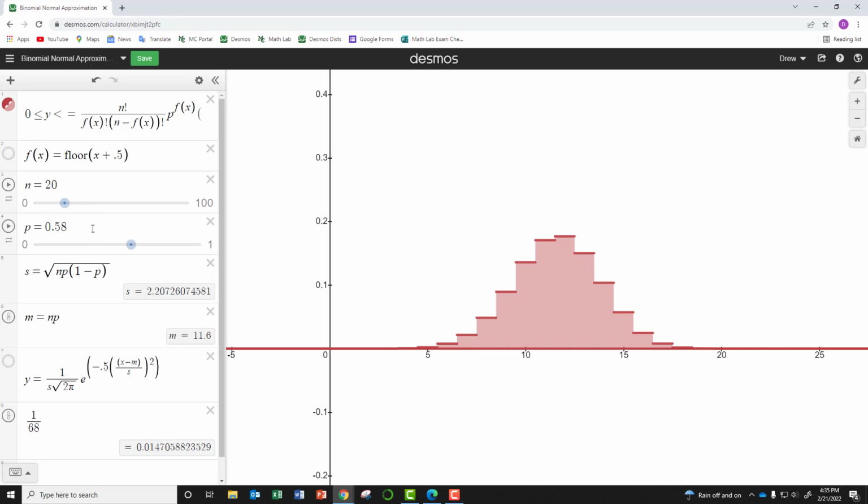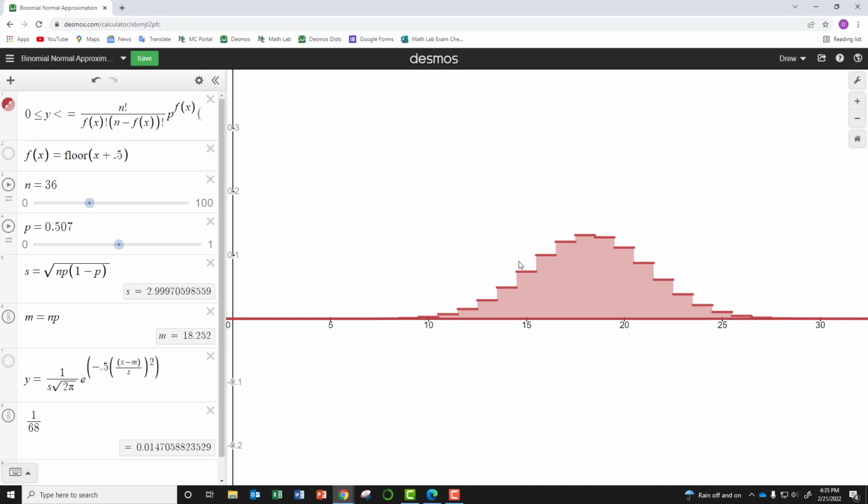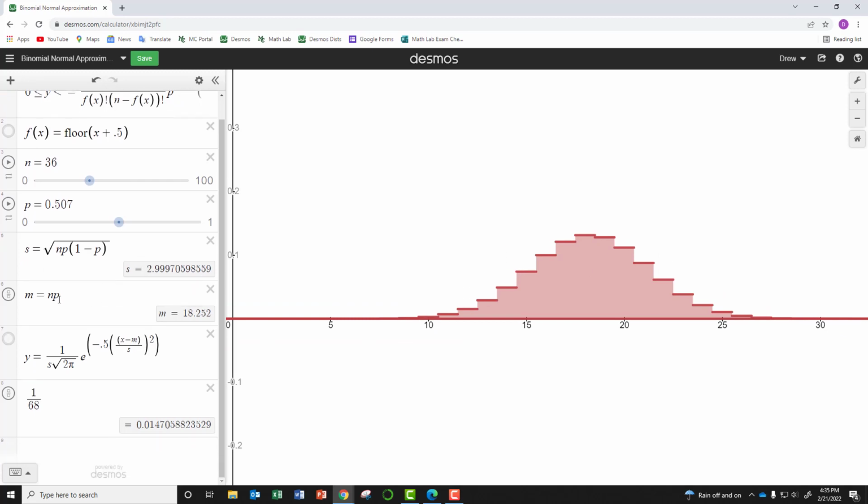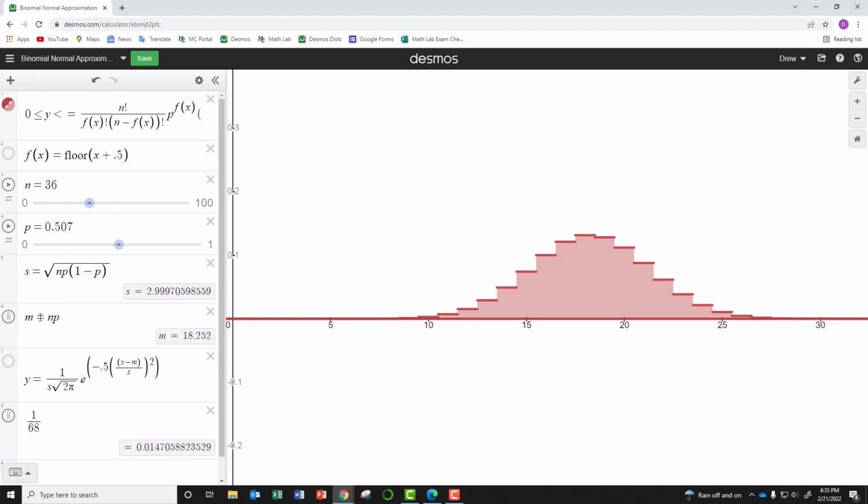So what I mean by that is if p is somewhere in the middle, like p is around 0.5, and if n is large enough, this red curve looks a whole lot like the normal curve if I let the mean of the normal curve be n times p, and the standard deviation of the normal curve be the square root of n times p times (1 minus p).